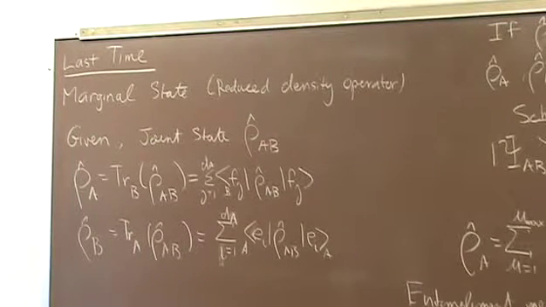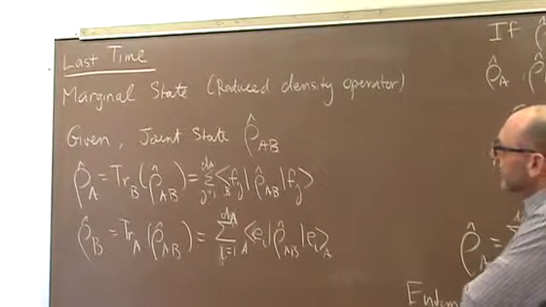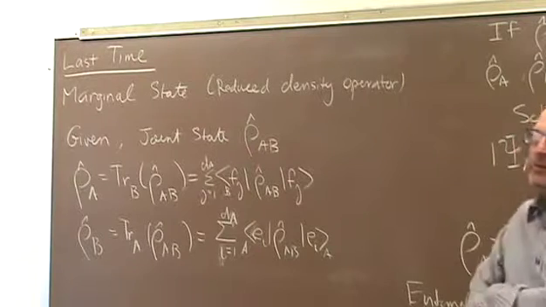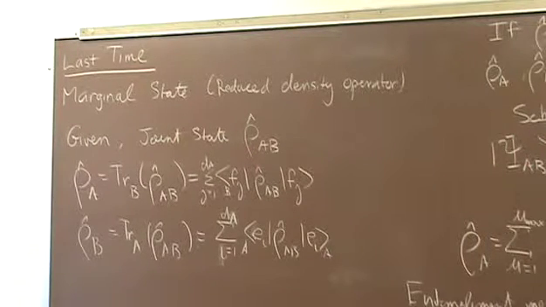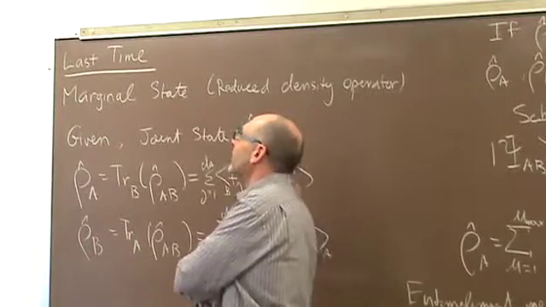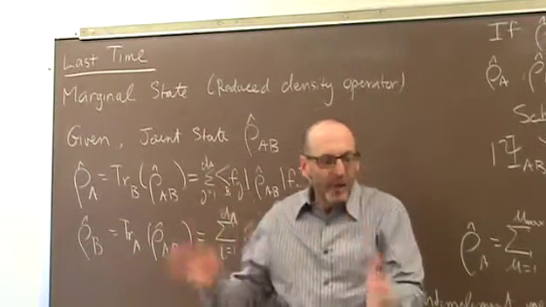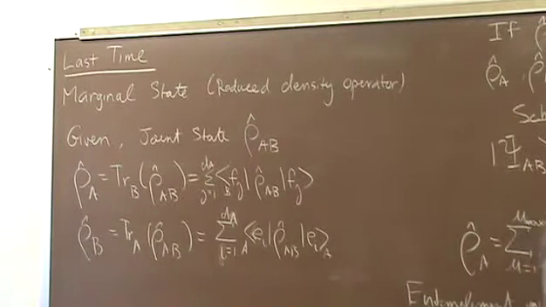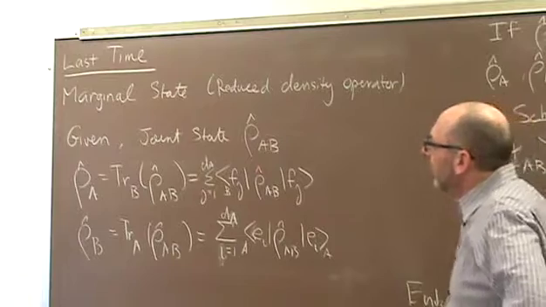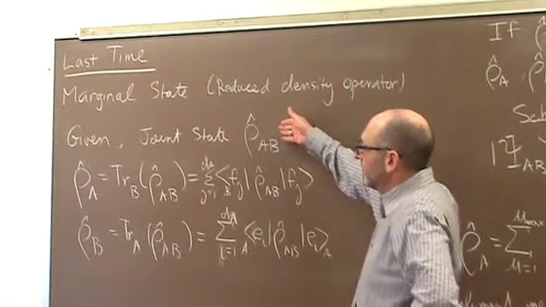And one concept we introduced was the notion of the marginal state, which is often also called the reduced density operator, but I tend to like the term marginal state better because it really is the quantum equivalent of marginalization of a joint probability distribution down to the distribution on one of the random variables, or some fewer number of the random variables.